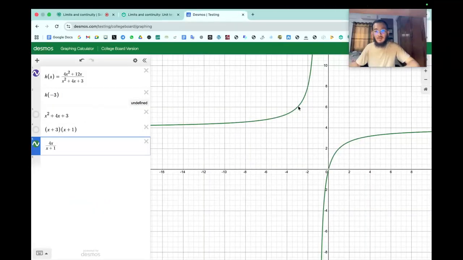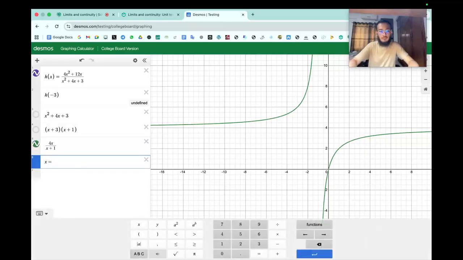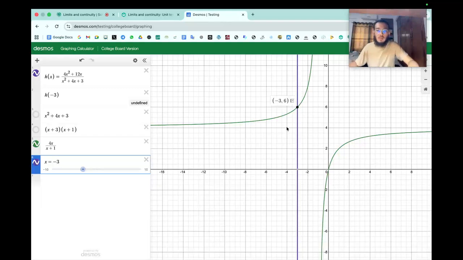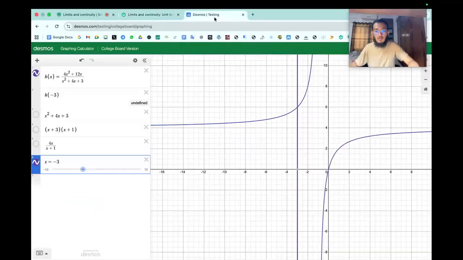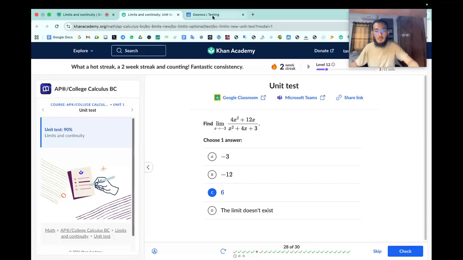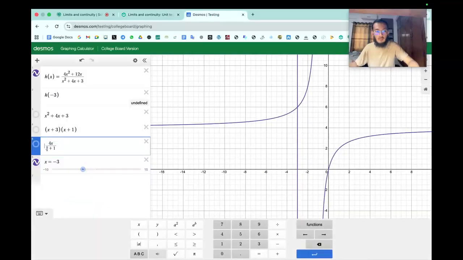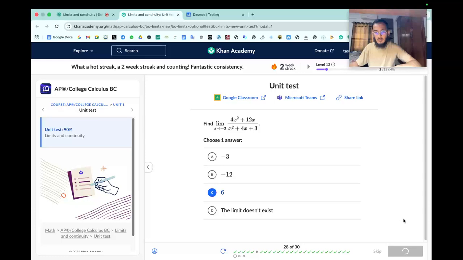Here x equals -3 has a value of -6, but this graph here does not have a value, like an indeterminate form. If you plug in -3 here, we get 6. So this is our answer.